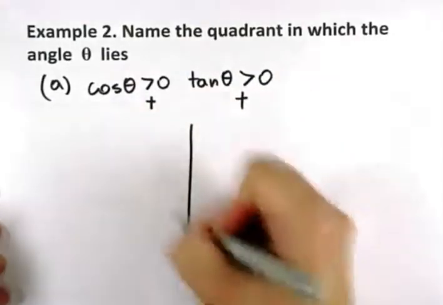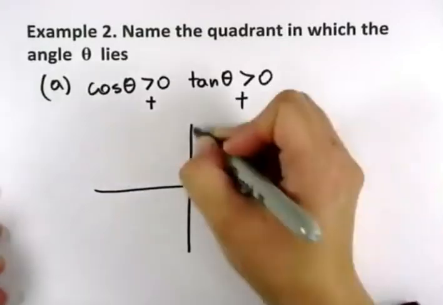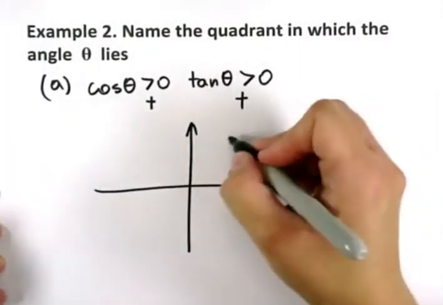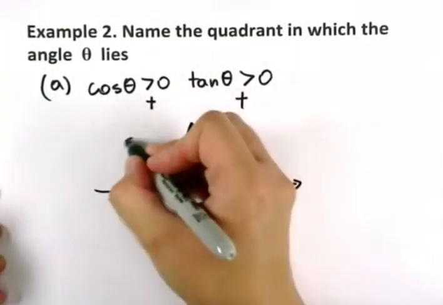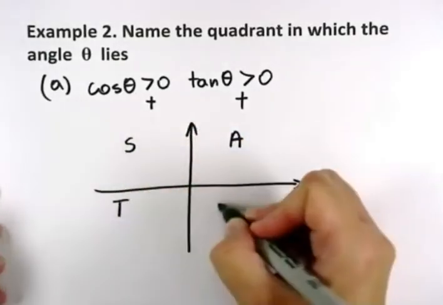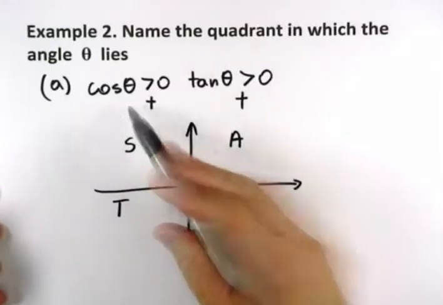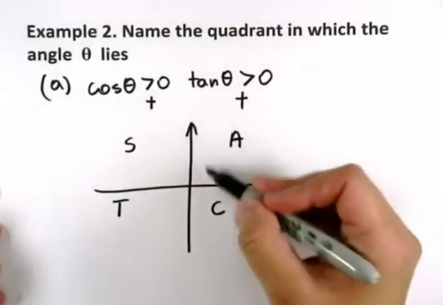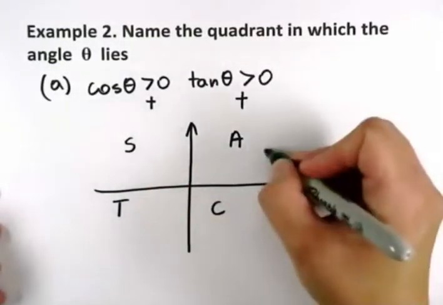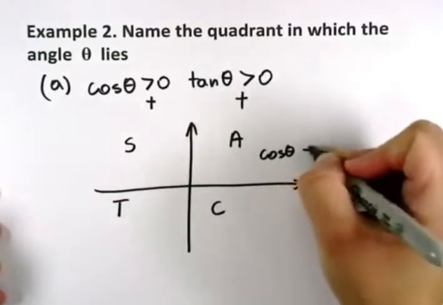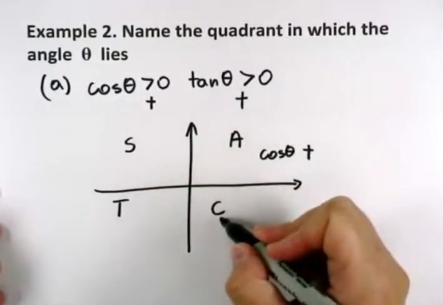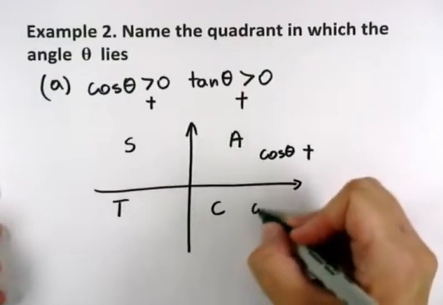So I make my chart, I make my quadrants, I start with the story, Add Sugar To Coffee. Cosine is positive in the first, it's all of them, and in the fourth quadrant, cos is positive.